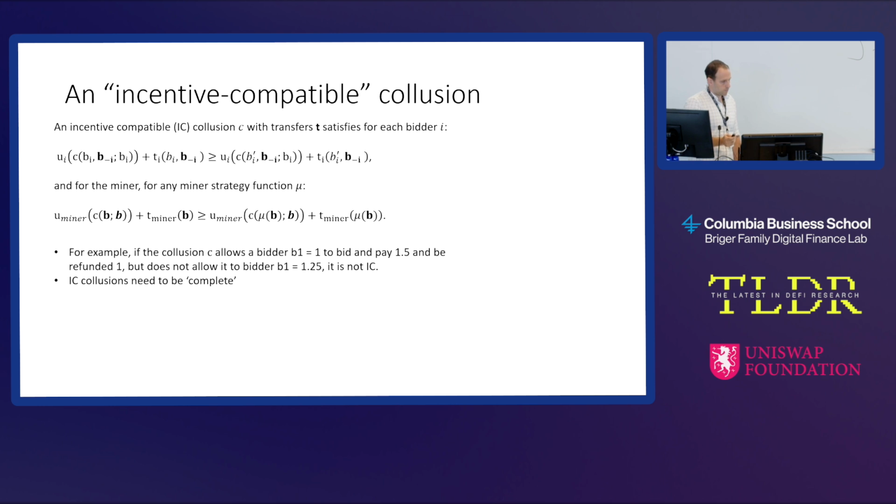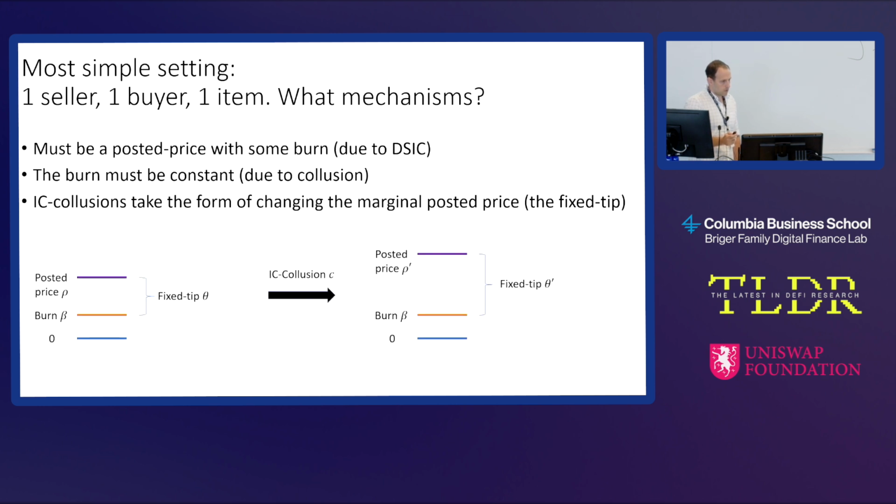And once you do that, let's take the most simple setting. We have one item, one seller, and one buyer, and we want to decide if this transaction gets in or not.